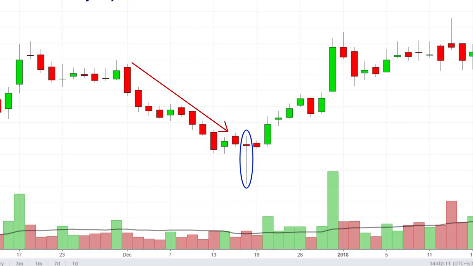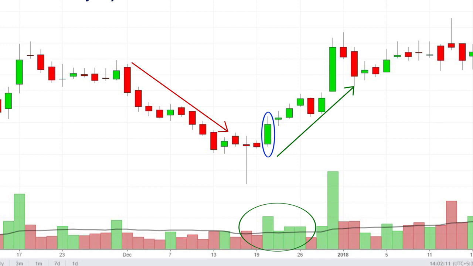Now on the second day after this hammer is formed, we can see that a green candle is formed and the price moves higher than the high of the hammer. As you can see, after that the price moves so nicely in the upward direction without any hindrance. And when the up move was unfolding, the volume in the stock also increased.